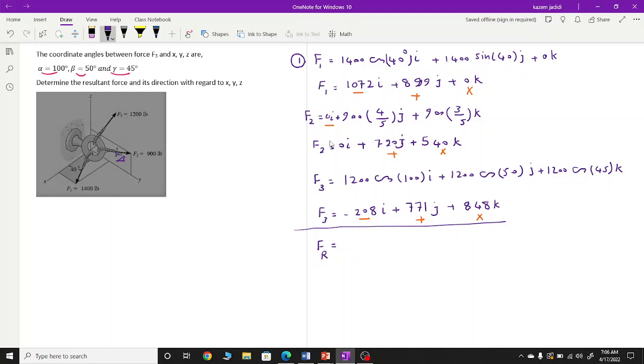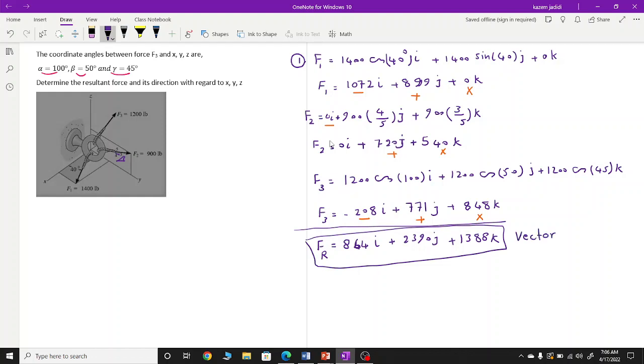Usually problems ask for the Cartesian format of the resultant force. So it's going to be 864 i, if you add them to each other, plus 2390 j plus 1388 k. This is FR in Cartesian format, and it's a vector.